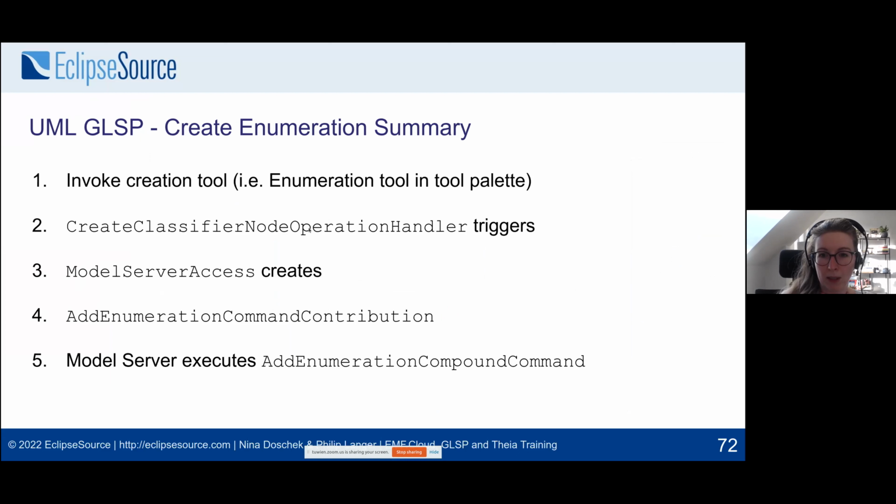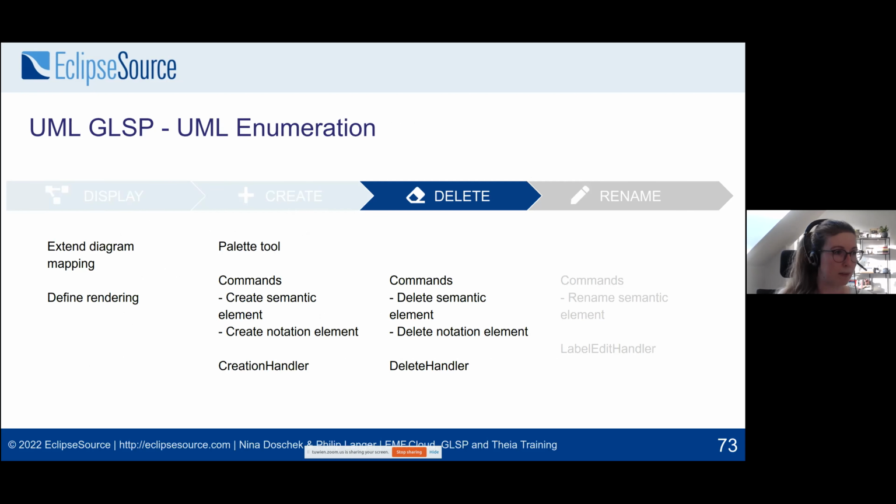Then we hooked up into the operation handler and made sure that we trigger the model server access, which creates this command contribution type, which then tells the model server to execute the new command to create new elements in the semantic and in the notation model. So this is already quite nice.